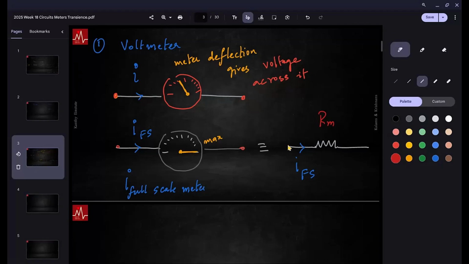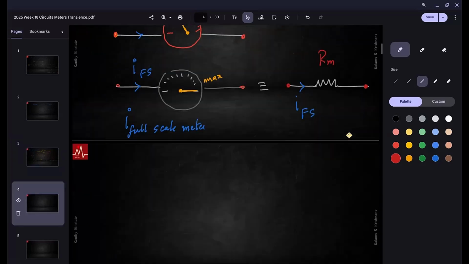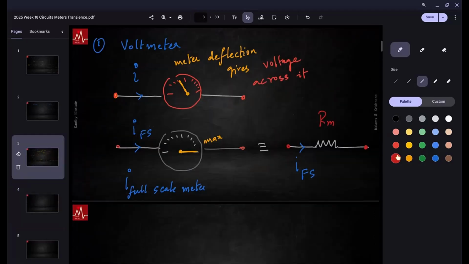Now, when you put this, there is a voltage drop across this, but technically you want to be able to measure any voltage. So what you do is, you want the current here not to exceed the maximum deflection.